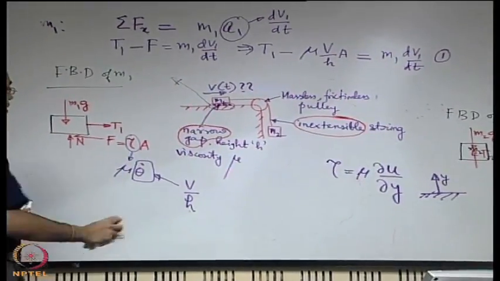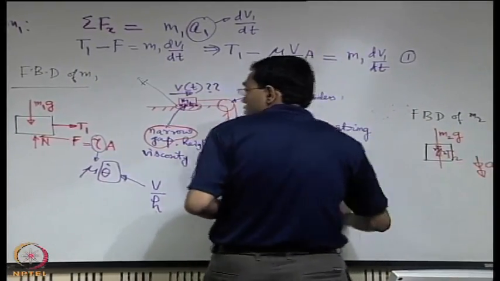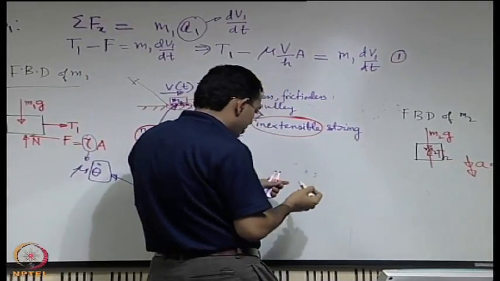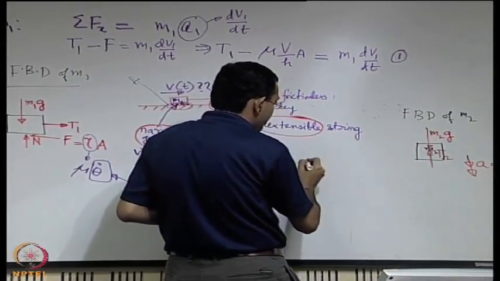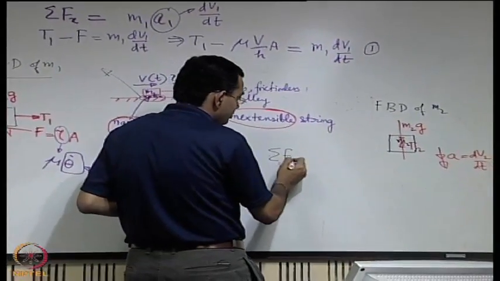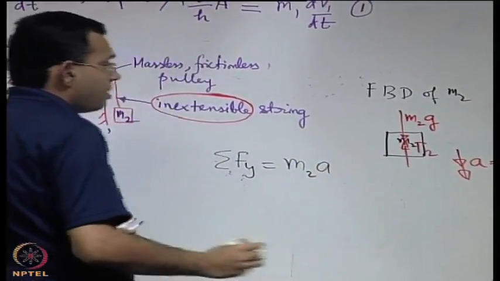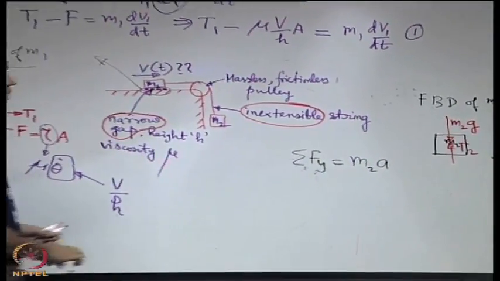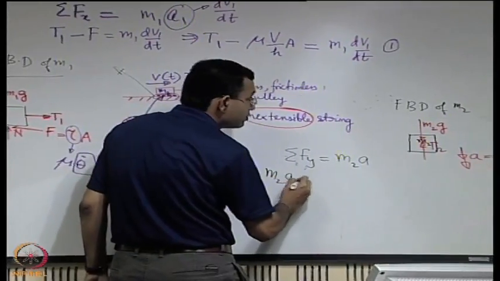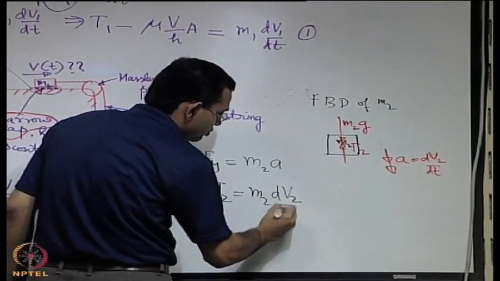We write next the equation number 2, which should be for the mass M2. So let us draw the free body diagram of the mass M2, or that is already there, so we just write its equation. So along y we are considering, this is coming down, so M2g minus T2 is equal to M2 dV2/dt.